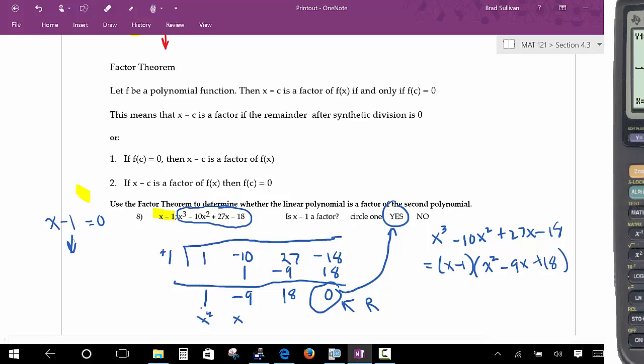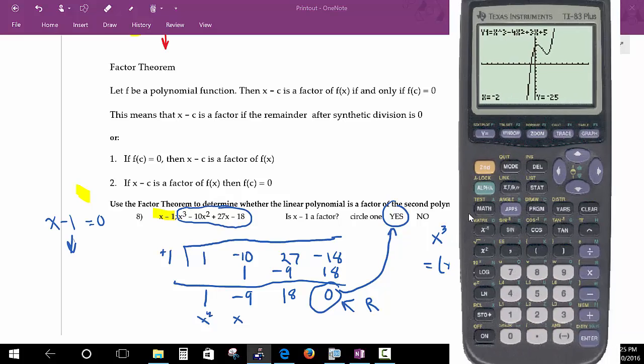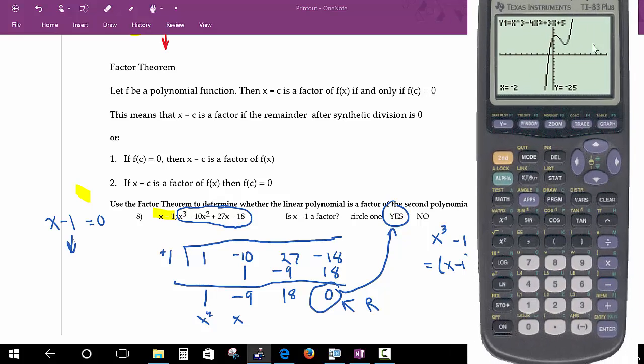Okay? And I'm not going to have you draw a graph on this, but I just want to show you what happens. If you put this in, x to the third, minus 10x to the second, plus 27x, and minus 18, there's something special that happens on the graph when x is 1. All I want you to do is see this.